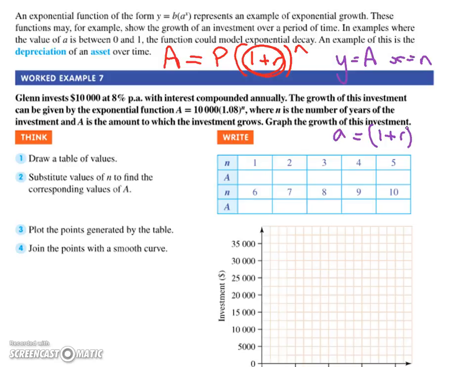We sometimes refer to it as b, because you can have it in the form y equals b times a^x, which is exactly the same thing, but you've just got it times by another number, in this case the principal. Everyone happy with that? Just so you can see that it does relate back to the exponential. It is in the same form as that exponential graph that we've written on the board.